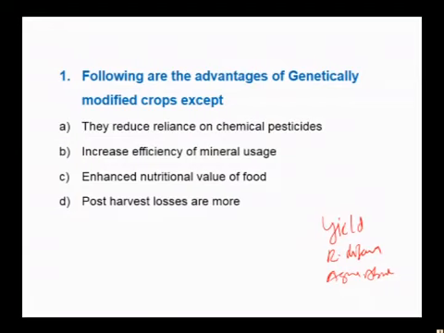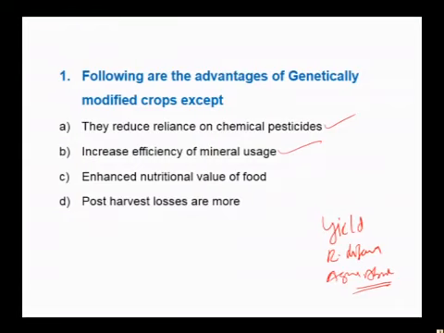They reduce reliance on chemical pesticides. Yes, if we develop pesticide resistant plants, it reduces the dependence on chemical pesticides. Increase efficiency of mineral usage. Even it can uptake the minerals present in the soil for its better usage.